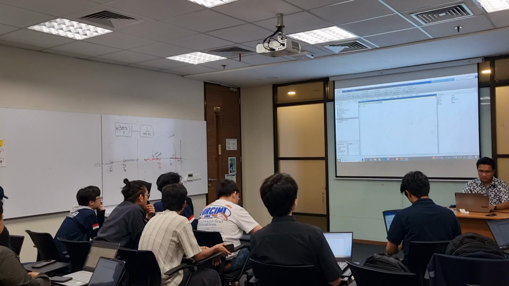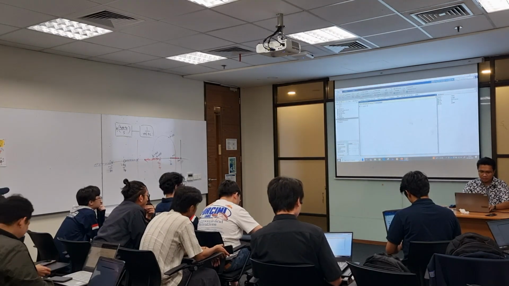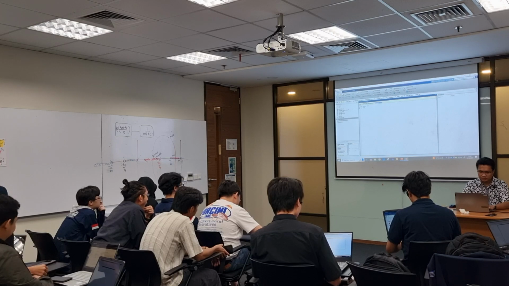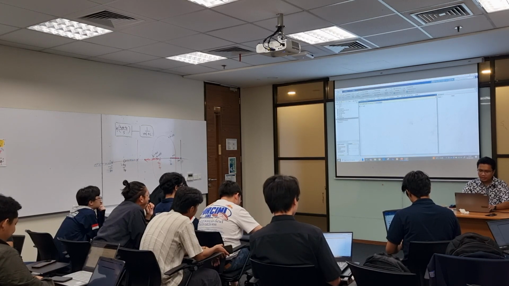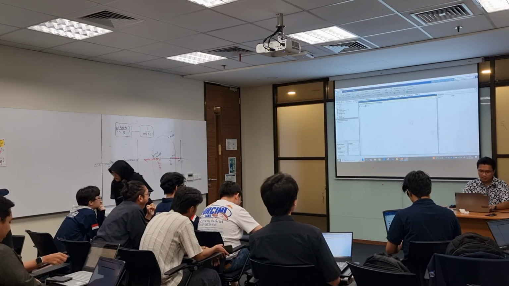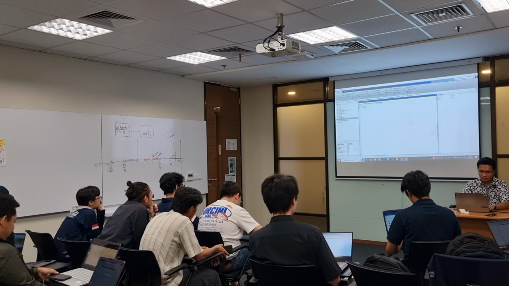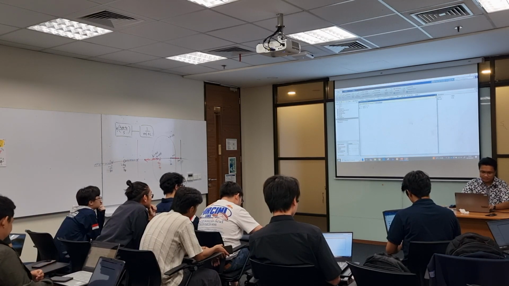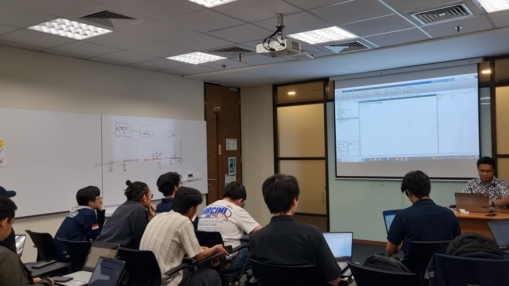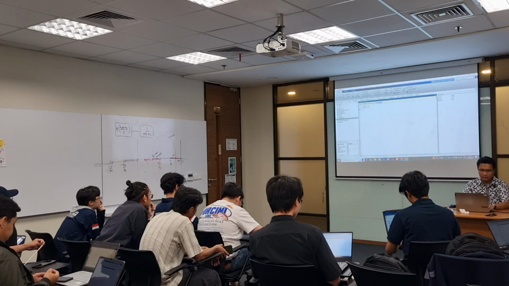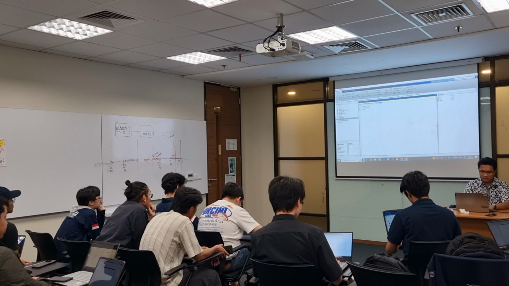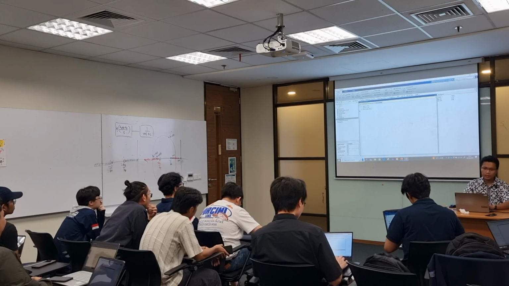Let me clear all first. I set my numerator to be 1 and 3, and then the denominator to be 1 and 5. Okay, and then I say my G is tf(num, den). That's my G.